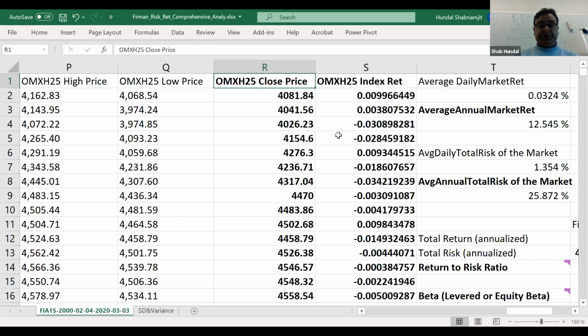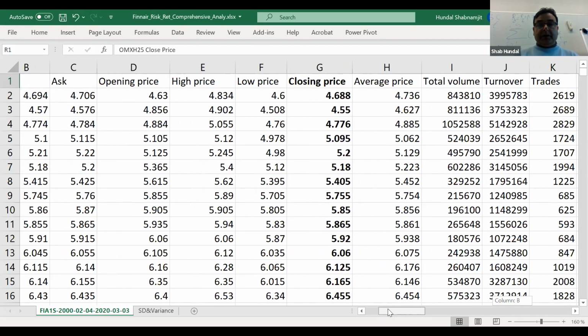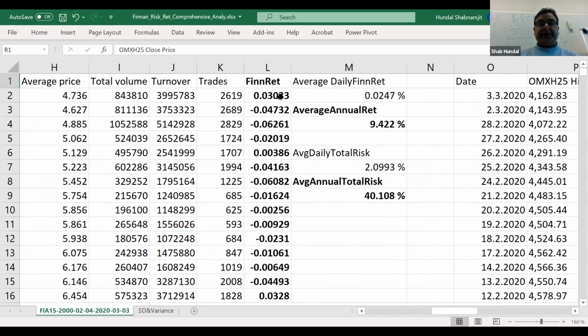And then guess what we do? We are calculating two things. We calculate the FinAir return, and you can see the formula: current price, like for example today's price, minus yesterday's price, close the brackets, both sides, divide by yesterday's price.